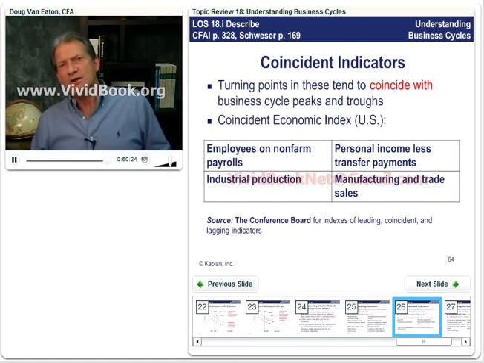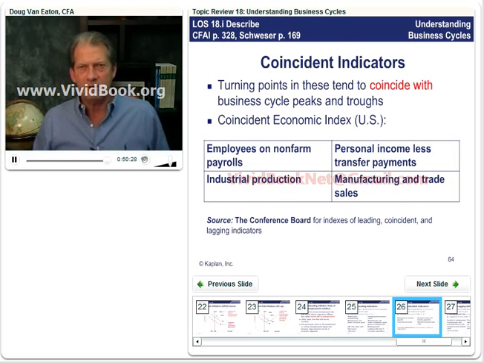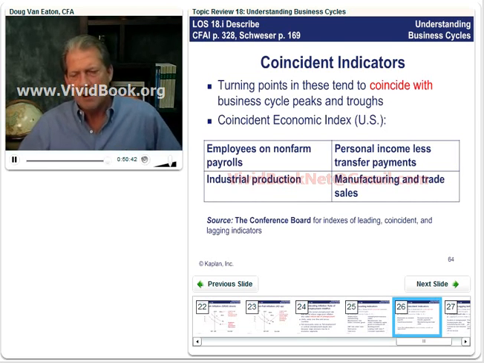Your inventory to sales ratio goes up. Personal income peaks with the economy. The amount of industrial production, that makes sense, peaks with GDP. And manufacturing sales and trade sales also peak. So these are things that we would expect to peak at the same time and bottom out at the same time as the overall economy, as our economic cycle.